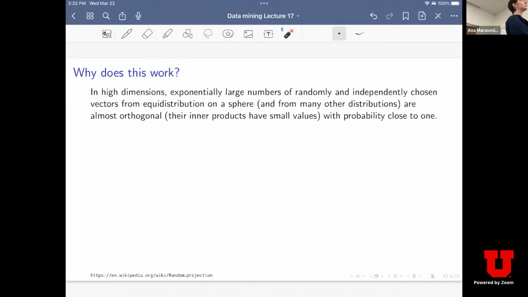So by saying almost orthogonal, we mean that their scalar products are extremely small, and this happens with probability close to 1. So if you randomly draw k unit vectors from your high dimensional space, they will behave like orthogonal vectors, and they can be a basis for a k-dimensional space. Therefore, when we project onto these vectors, we are doing a projection to a k-dimensional space, as we learned last time. This is why all of this makes sense.